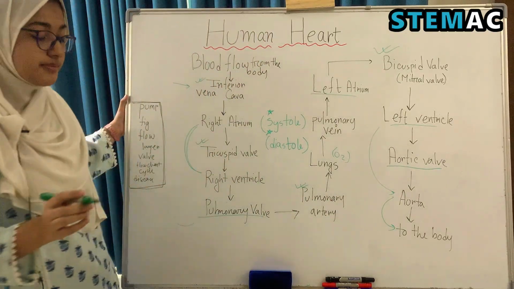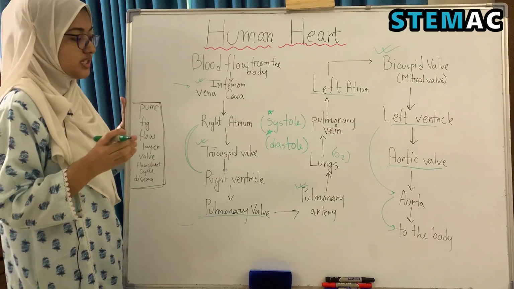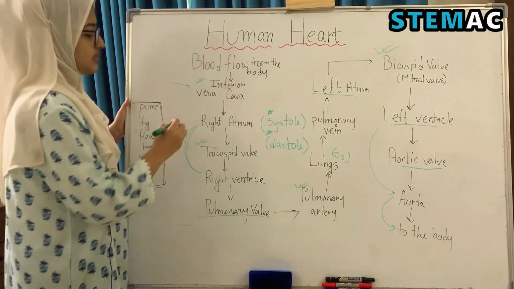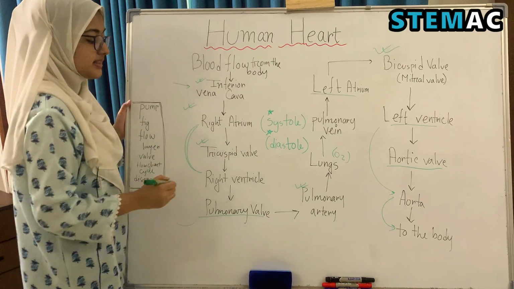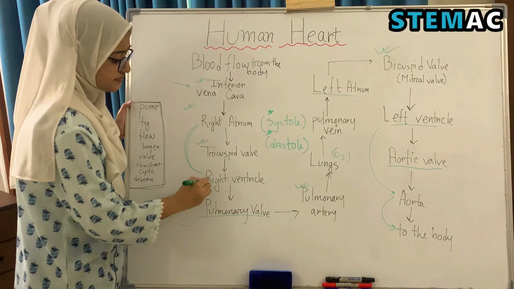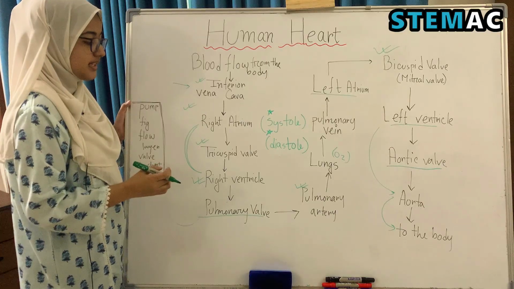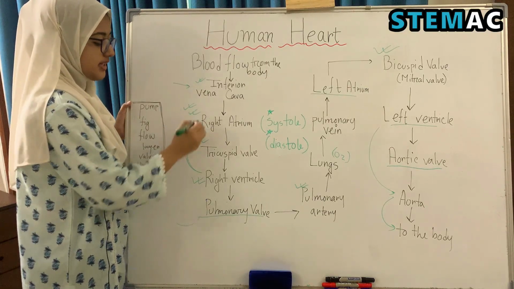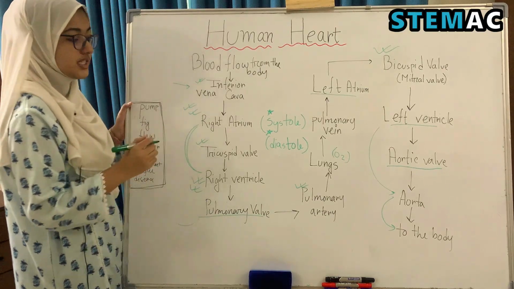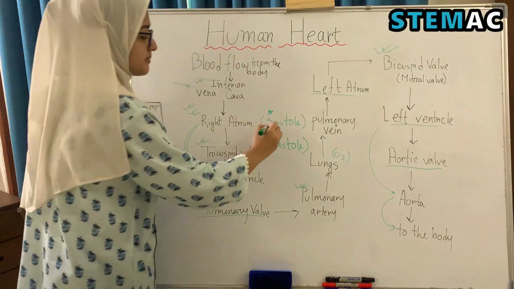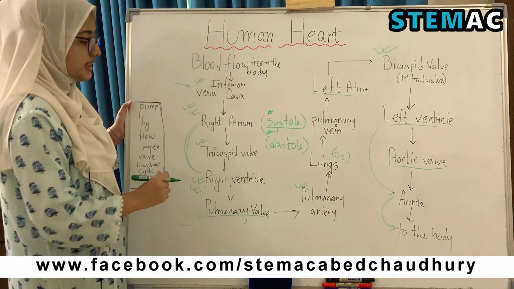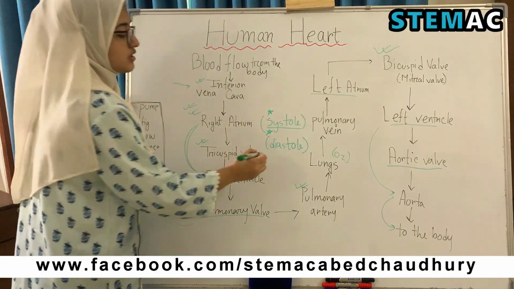Now we have talked about contraction and relaxation, right? The atrium contracts and the ventricle relaxes, the blood flows, and then again it relaxes, it contracts. The contraction is called systole and the relaxation is called diastole.